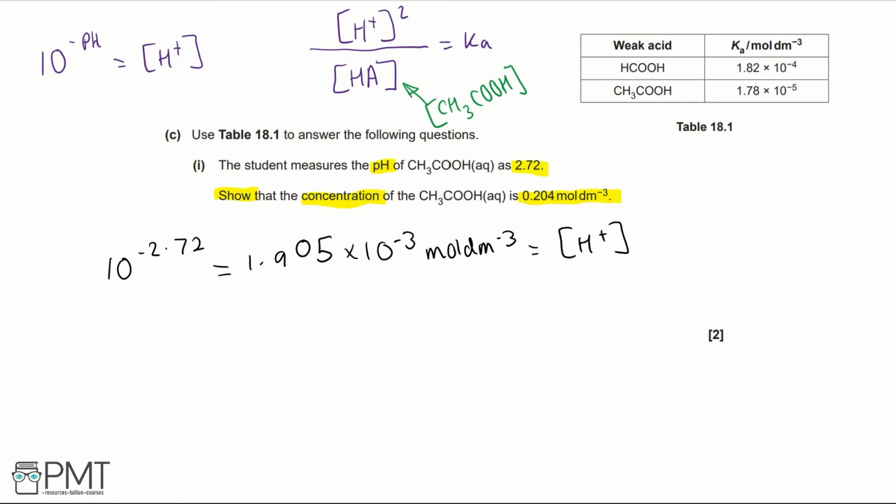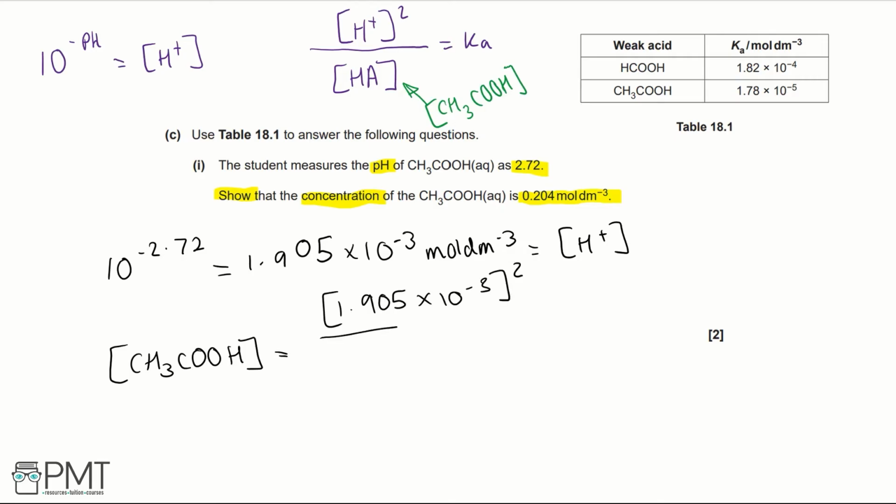Then we want to rearrange for HA, or the concentration of ethanoic acid, so CH3COOH is going to be equal to the concentration of H+, which we've just worked out, is 1.905 times 10 to the negative 3, and this is going to be squared. Then we're going to divide by Ka.